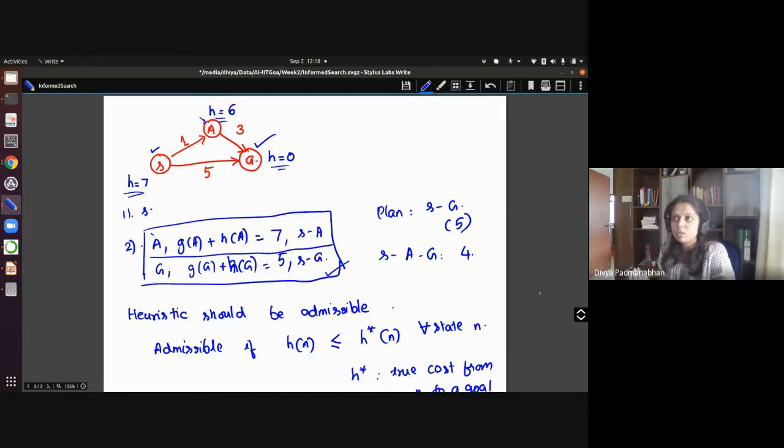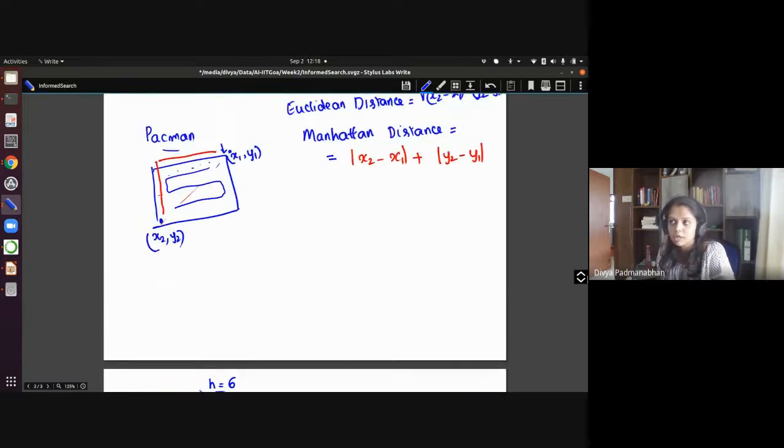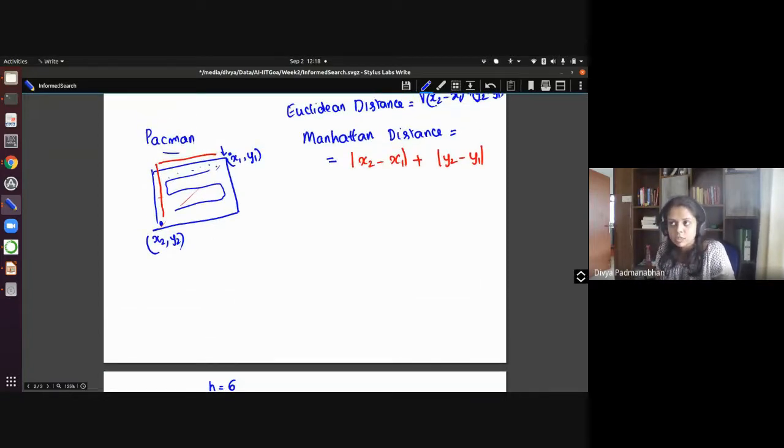That's where the domain information helps. This boils down to what I was telling you for Pac-Man. Here you know that the best possible distance from the rightmost corner to the leftmost bottom corner has to be the Manhattan distance, because it is always going to have this kind of a path.